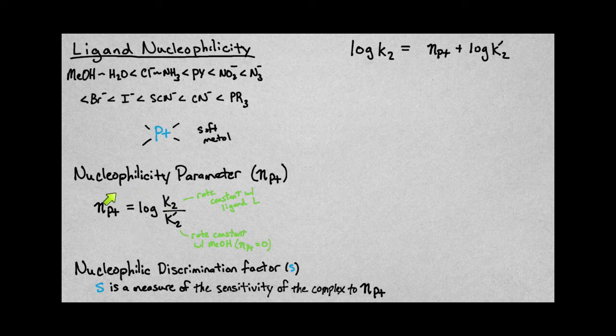If we rearrange this equation, we get log K2 is equal to our nucleophilicity parameter plus log K2 prime. And if we do this for various metal centers, then they're each going to be modified by S. And you can see this looks like a linear equation.